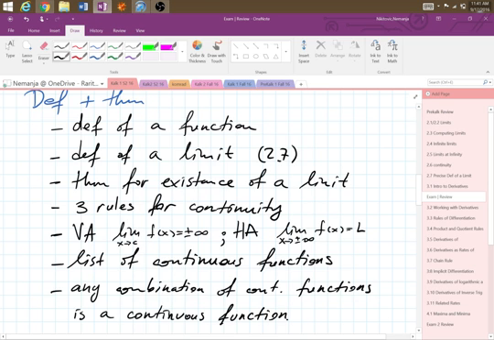If it says state the definition or state the formula for horizontal asymptote, you are writing that limit formula over there. And you will be applying limits to prove things.